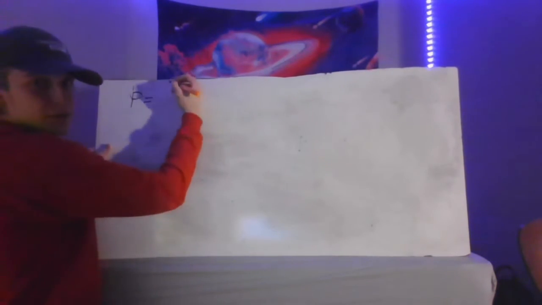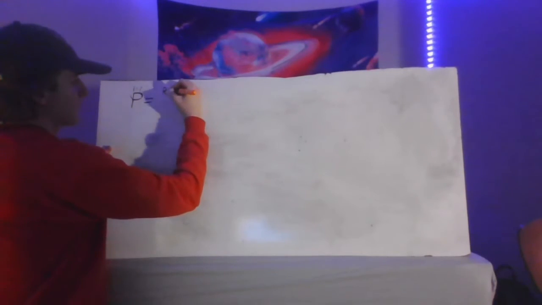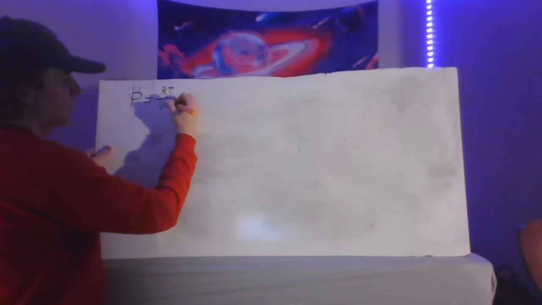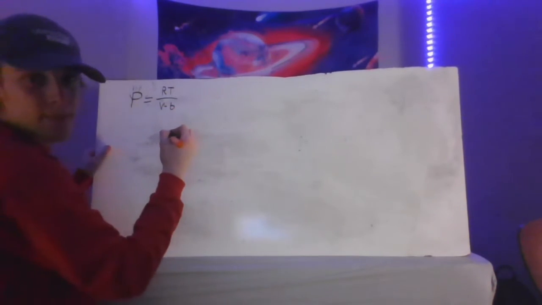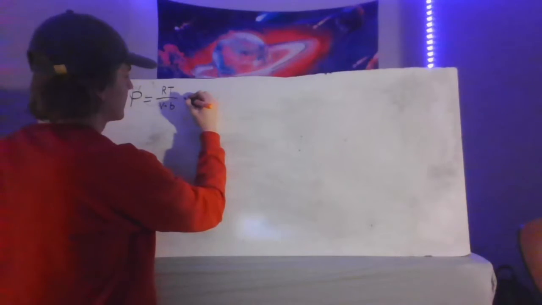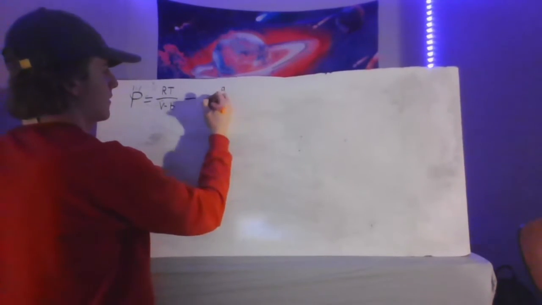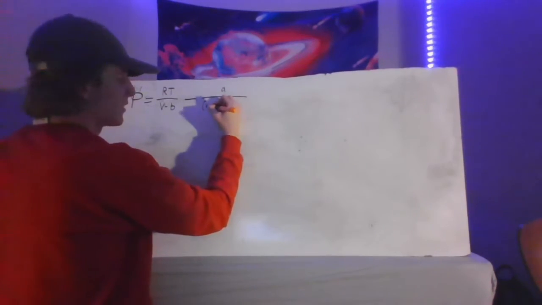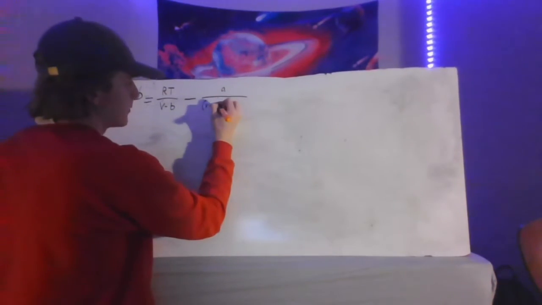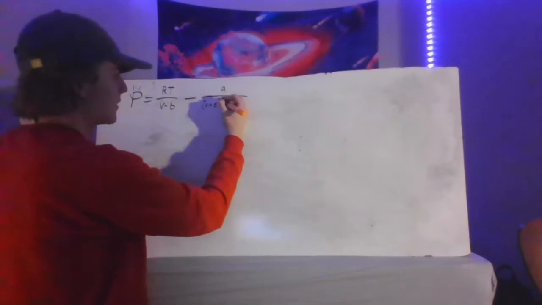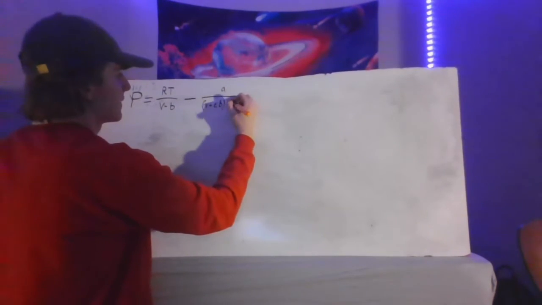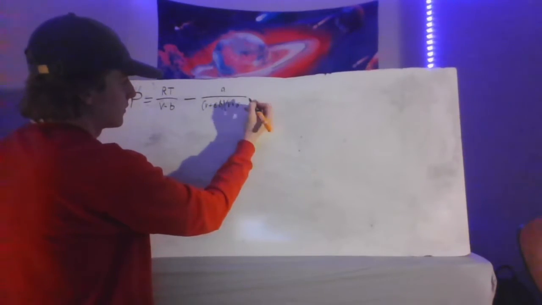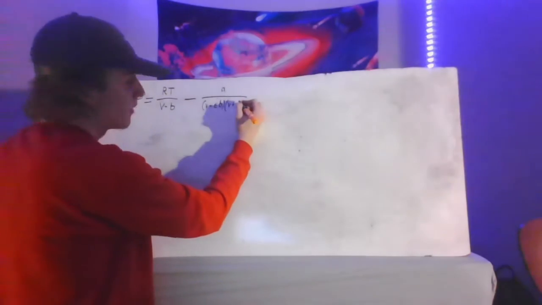P equals RT over V minus B, minus A over V plus epsilon B times V plus sigma B.